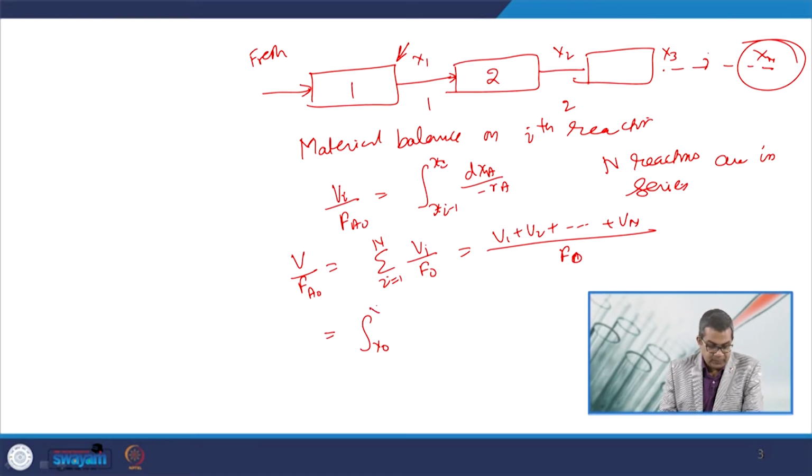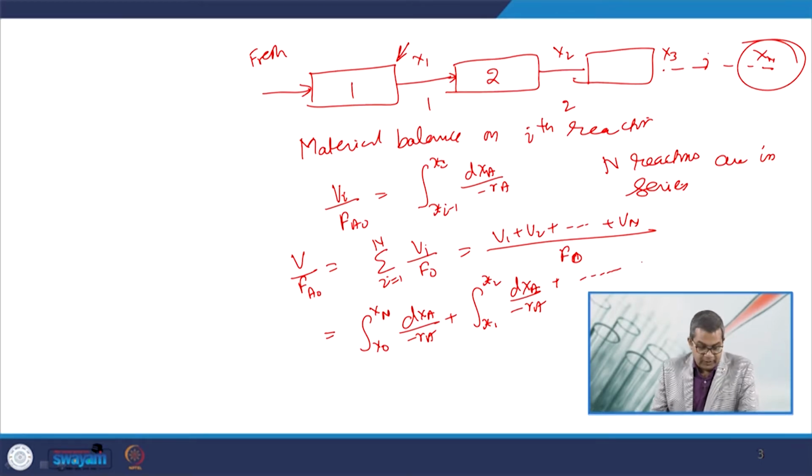Now, this can be represented as the integral from x0 to x1 of dXA upon minus rA, plus and so on, plus the integral from xn-1 to xn of dXA upon minus rA.